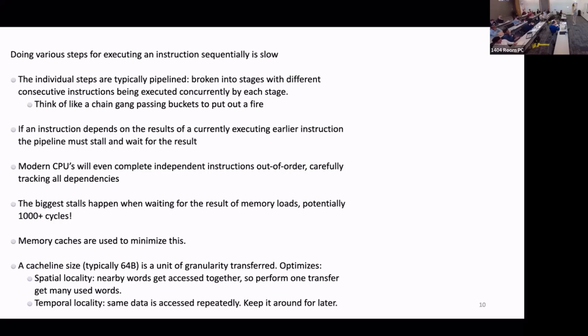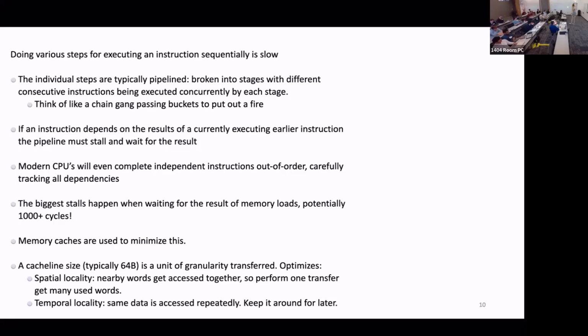There are all sorts of studies profiling programs saying that 1% of the loads are responsible for 90% of the runtime and so on, because these are the ones that miss the caches. And of course, the vendor response to this is to throw billions of transistors at bigger caches, typically, which isn't necessarily the most inventive use of the silicon area.